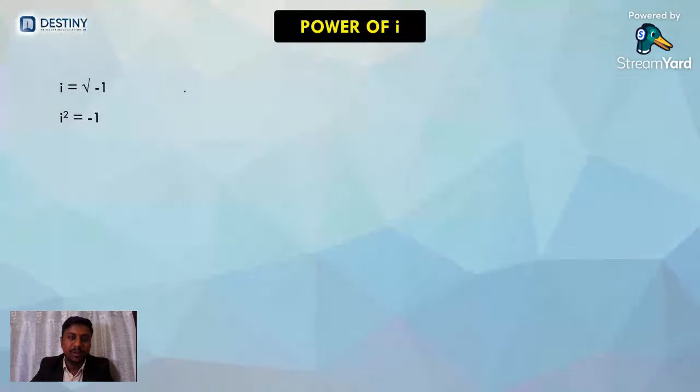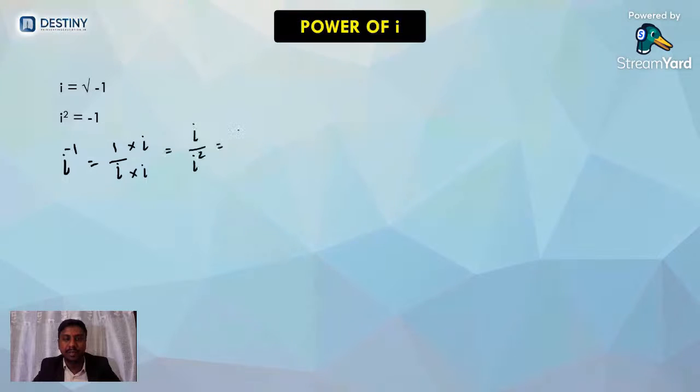Now, if I take 1 by i, so i power minus 1 will become 1 by i. I am just multiplying numerator and denominator by i, so that i by i square will become i by minus 1, it will become minus i. So i power minus 1 will become minus i.